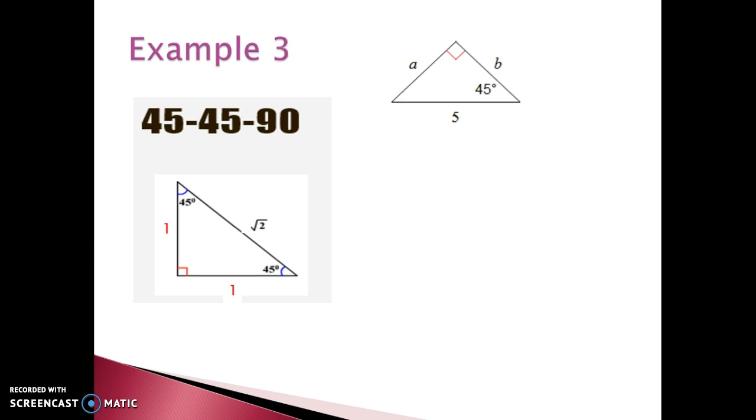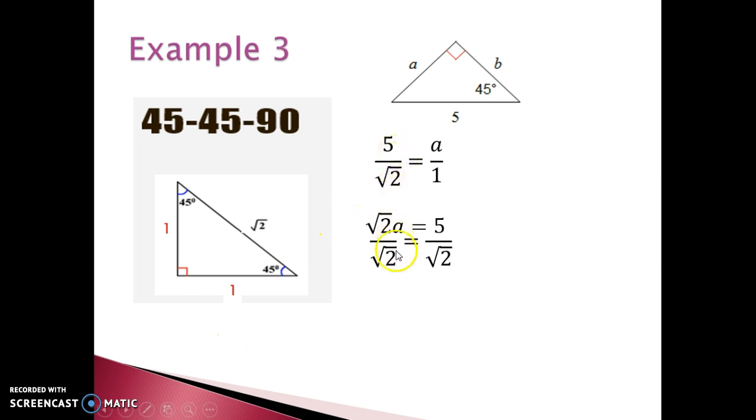Let's do another one. So 5, the hypotenuse of the new one, over square root 2, the original hypotenuse, is equal to the side a over the side of the original, 1. I cross multiply, so square root of 2 a is equal to 5, so I have to divide both sides by the square root of 2.